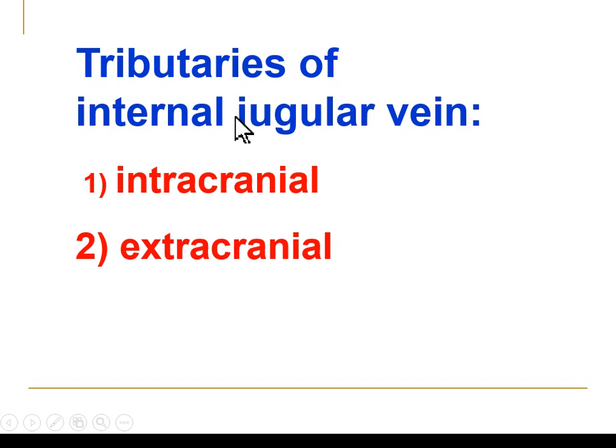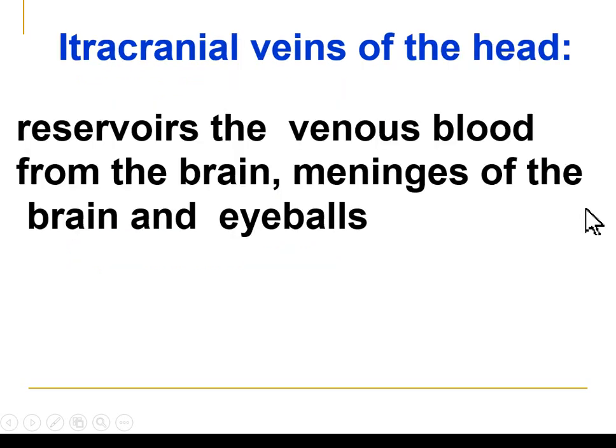Tributaries of the internal jugular vein subdivide into two groups: intracranial tributaries and extracranial tributaries. Intracranial tributaries, veins of the head, collect the venous blood from the brain, meninges of the brain, and eyeballs.